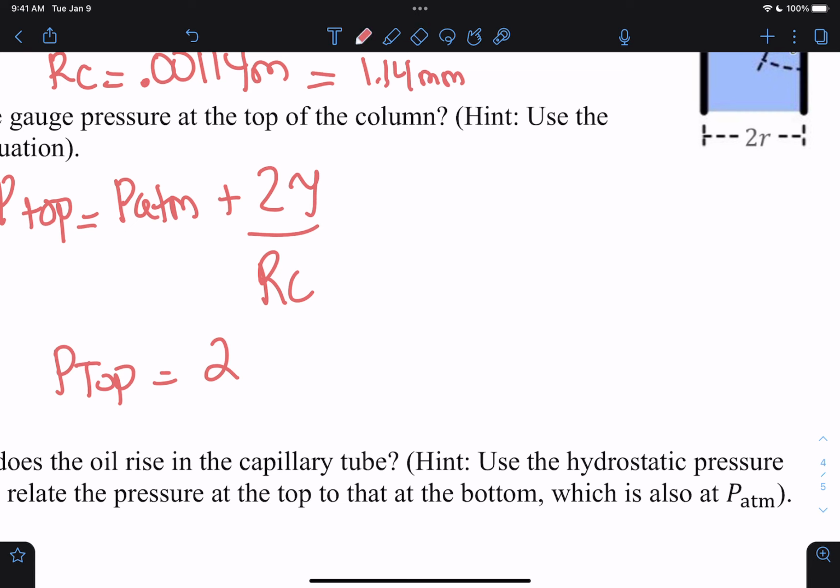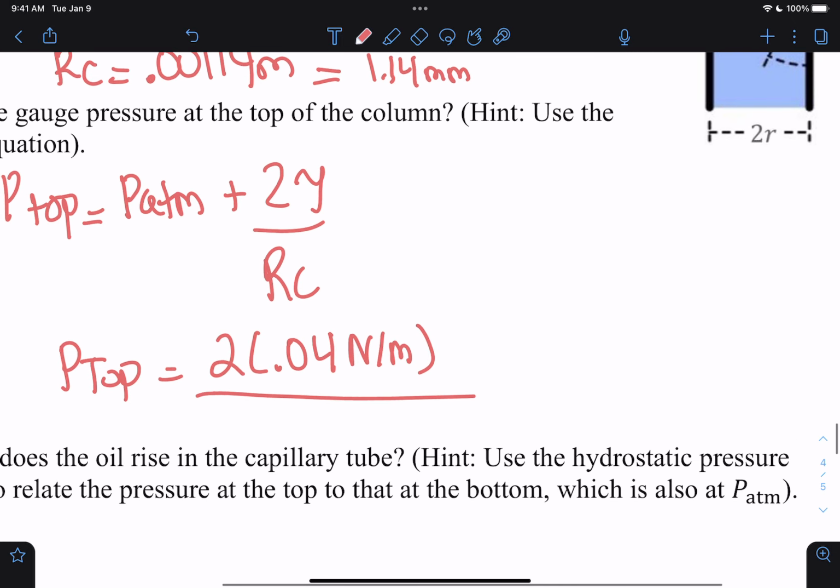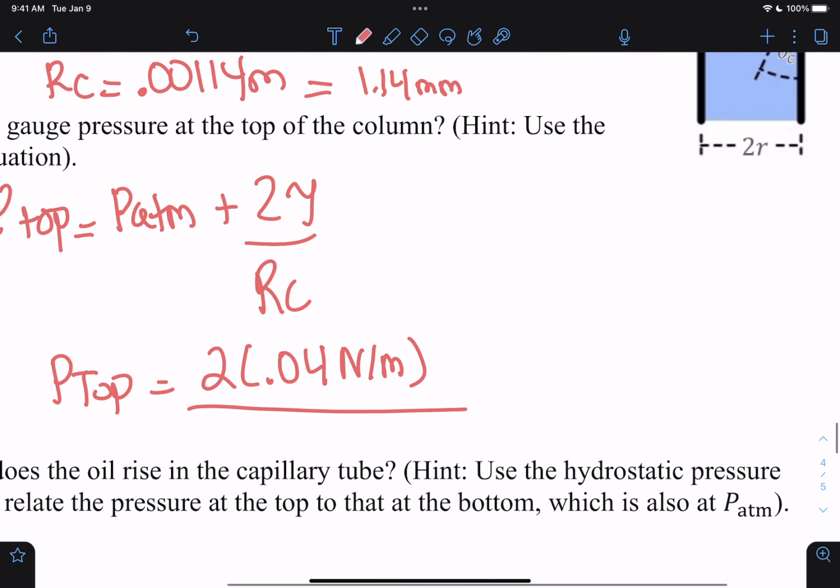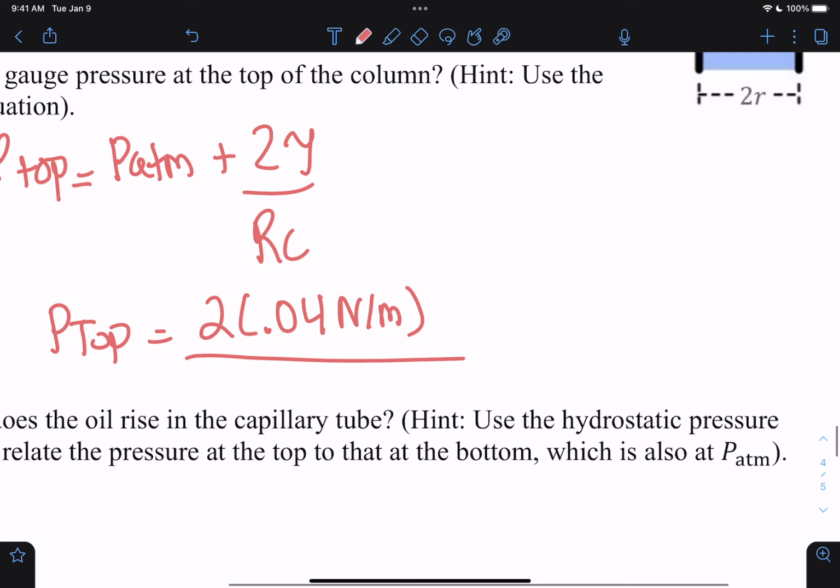So our surface tension is going to be 0.04 newtons per meter in that case, and then divided by a radius of curvature, which is 0.000114 meters. And then that should give us our P top, right?